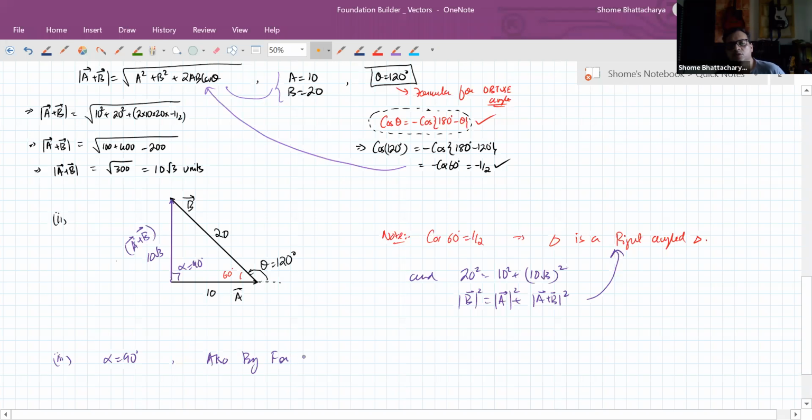If you go by the formula based method, what is happening? tan alpha should be B sin theta upon A plus B cos theta. So when you substitute here, this is 20 sin 120 upon 10 plus 20 cos 120 degrees.